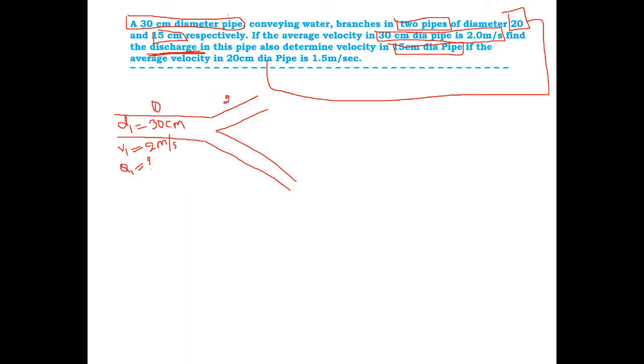Let us take pipe 2. In the second pipe, discharge is Q2. We don't know.